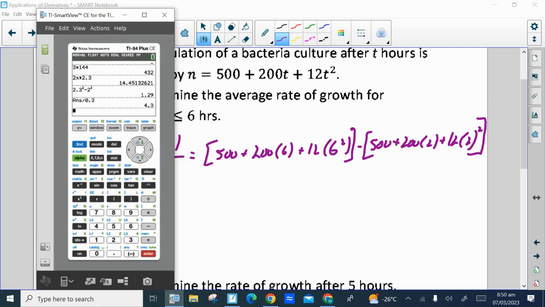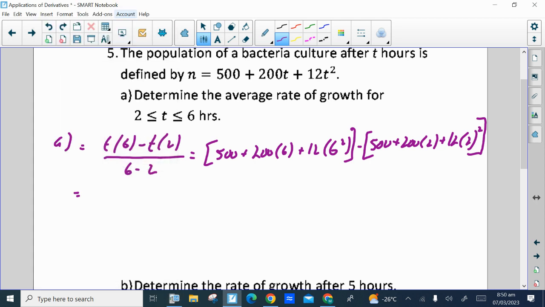Again, we'll use our calculator here. And so that first value on top would be 2132, and I should also write the denominator, which is 6 minus 2, which is 4.